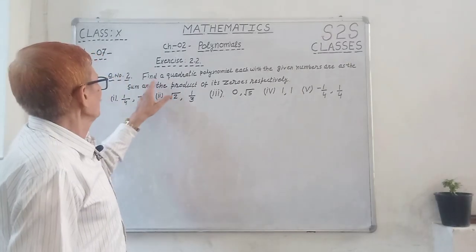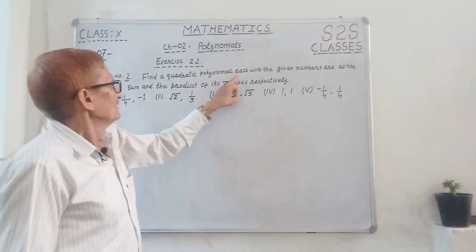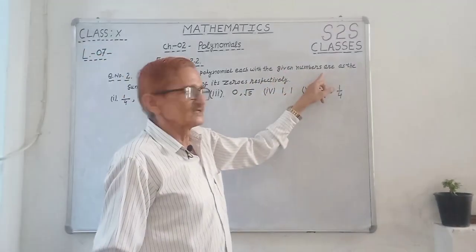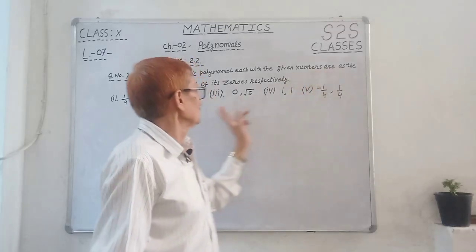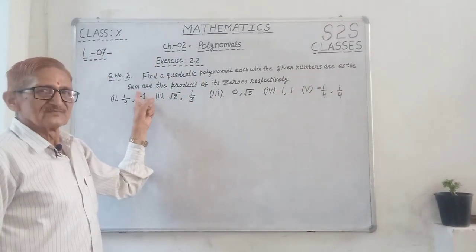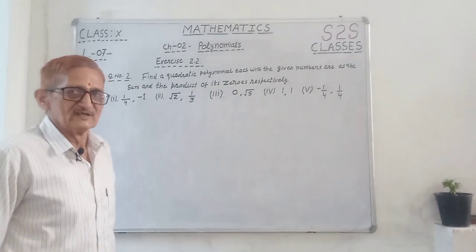Okay, now here: find a quadratic polynomial, each with the given numbers, as the sum and the product of its zeros respectively.